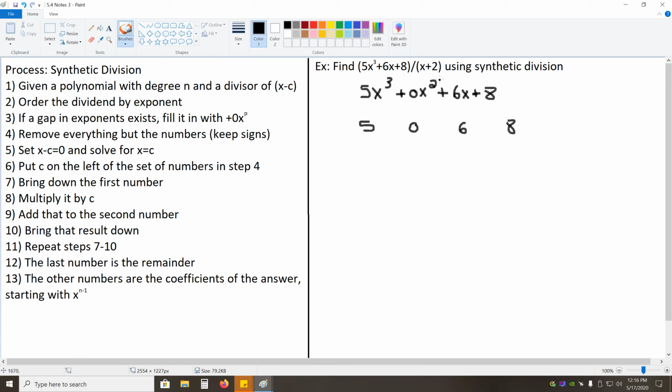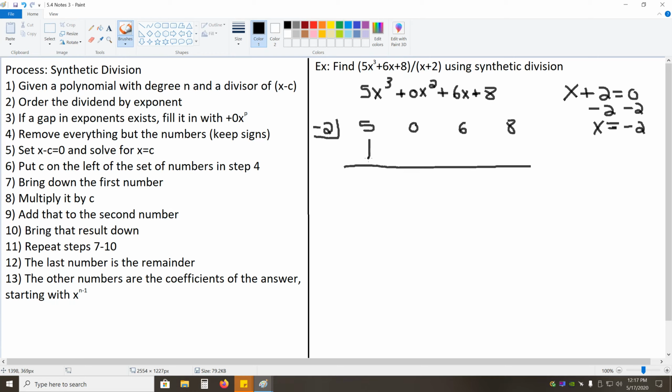We now need to solve x plus 2 equals 0 off to the side. So we'll subtract 2 from each side to get x equals negative 2. And that negative 2 will go off to the left of these set of numbers. And now we always do the same thing.